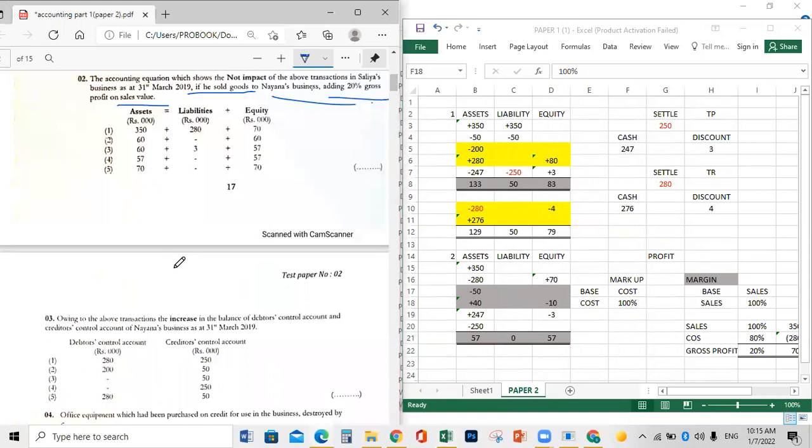Owing to the above transactions, the increase in the balance of debtor control account and creditor control account of Nayana's business. Now they are going back to Nayana. What is the increase in debtor control and creditor control?